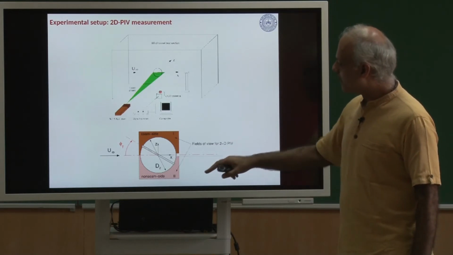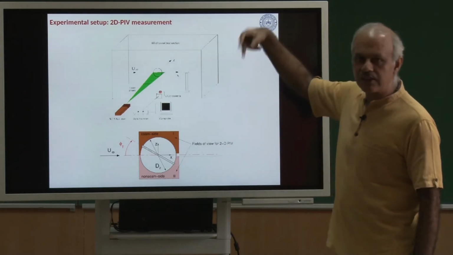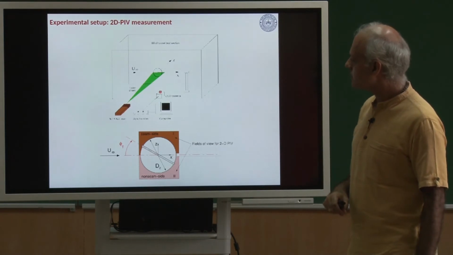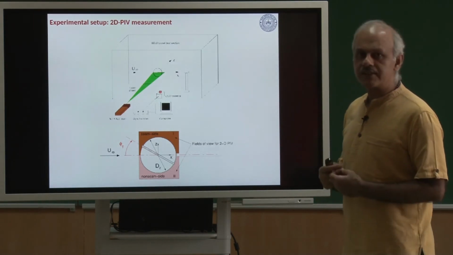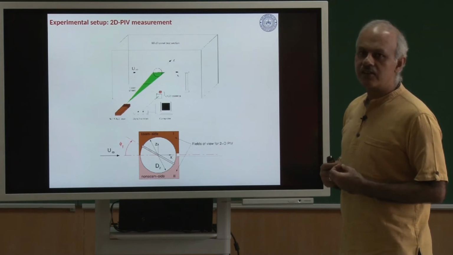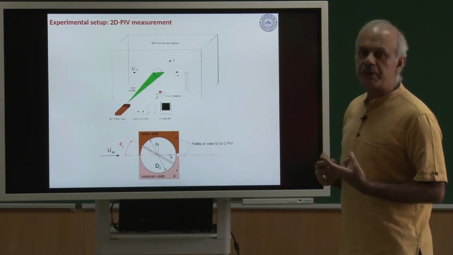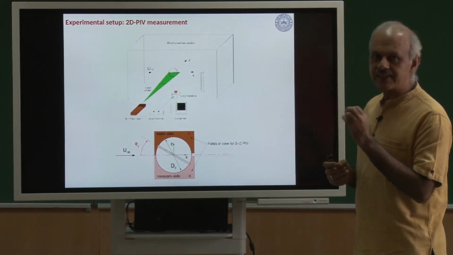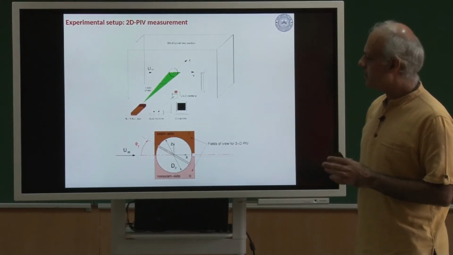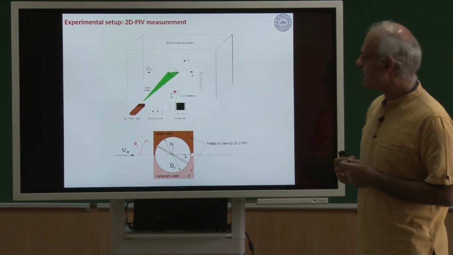So we have to illuminate it twice, once from this side and once from the back side of the wind tunnel. And what we do is we fog the tunnel with smoke particles, okay, and we take two pictures. So we flash the laser twice within a very short time interval.